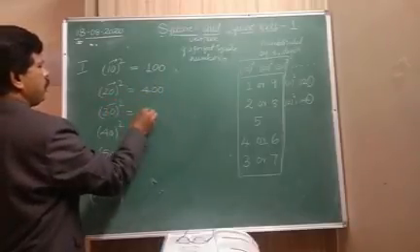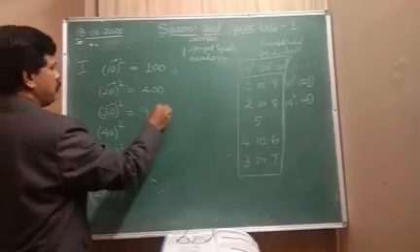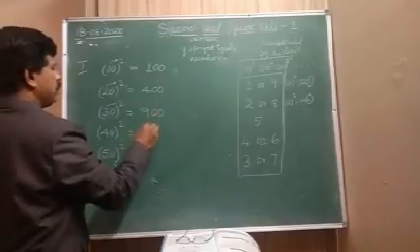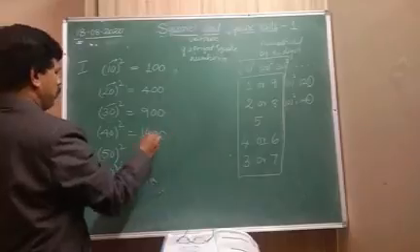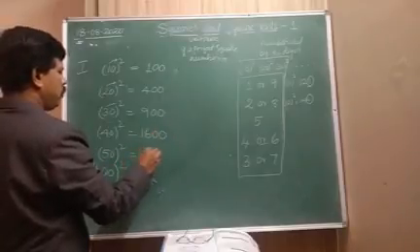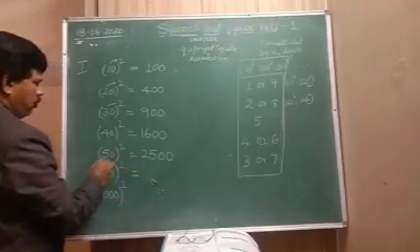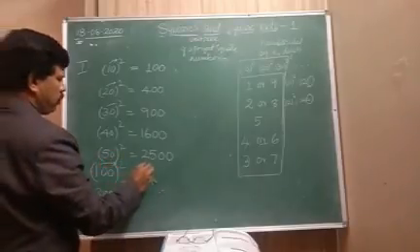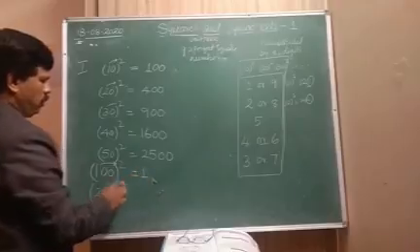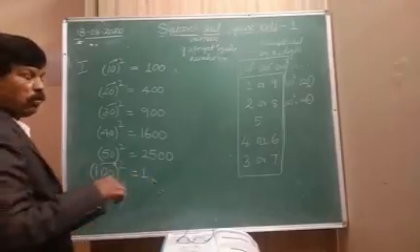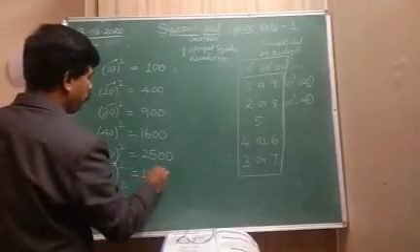Similarly, 2 square is 4 and 1 0 becomes 2 0. Then 3 square is 9 double 0. 4 square is 16 double 0. 5 square is 25 double 0. Now look at this. 1 square is 1. Then 2 0 becomes 4 0, double of that.